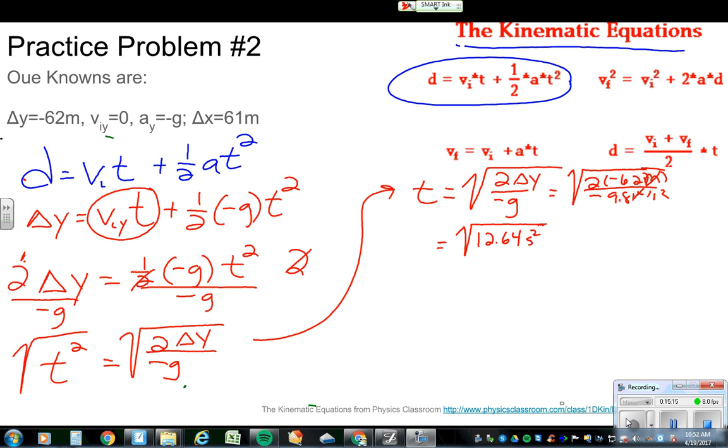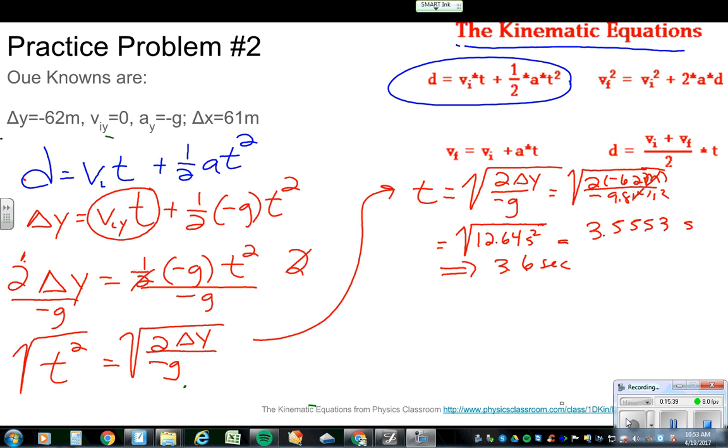I take the square root of 12.64. I get a time of 3.5553. Take the square root of seconds squared, I get seconds. Again, since it's a square root, it's plus or minus, but we can't have negative time. So my time is 3.553 seconds, with 2 sig figs, 3.6 seconds.